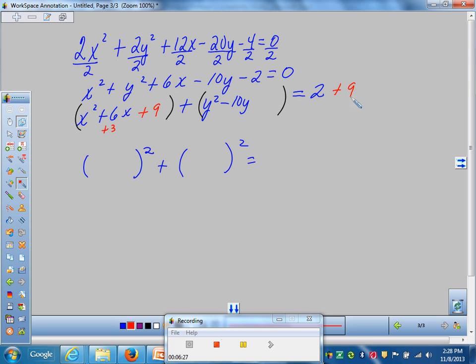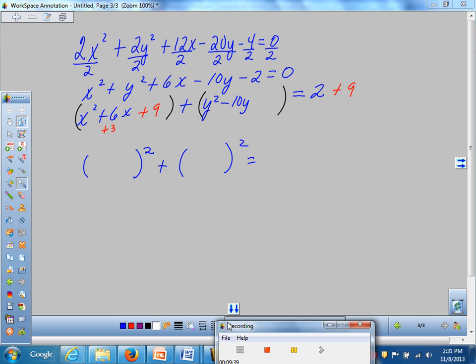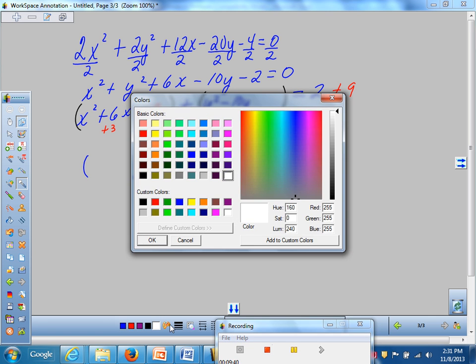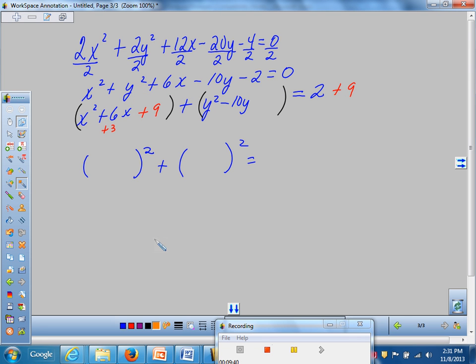I have to go complete the square. So I have to look at it and go, okay, what's a number I could use to complete the square here? I need another color. Okay. So what's half of 10? Negative 5 squared would be 25. So I would be adding 25 to both sides. And once again, most common mistake is forgetting to add to the other side. Do it all the time.